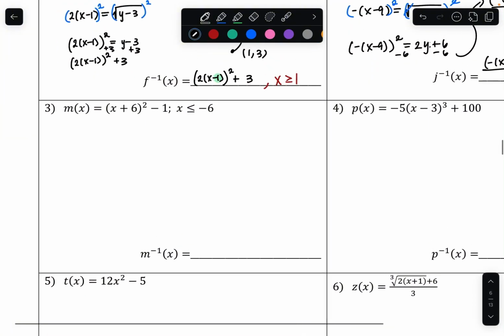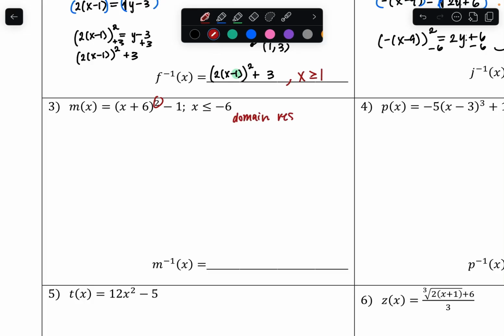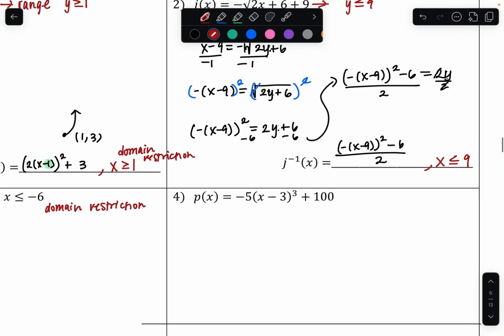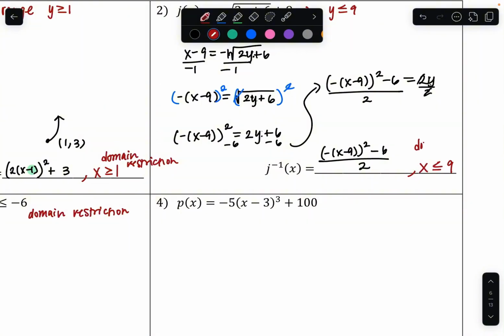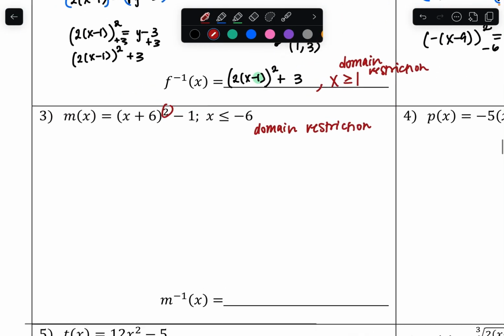All right, number 3, we are starting with a quadratic with a domain restriction.